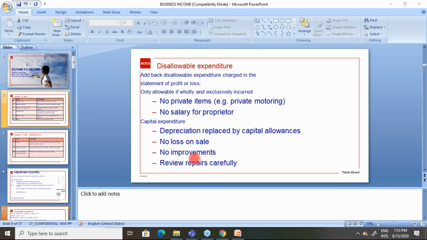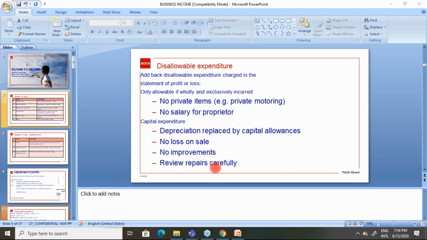Now, especially when it comes to initial repairs, they may be considered as capital expenditure. In that case, you will not be able to claim it as an allowable expenditure when calculating the tax adjusted trading profit. How do you identify whether initial repairs are allowable or not?